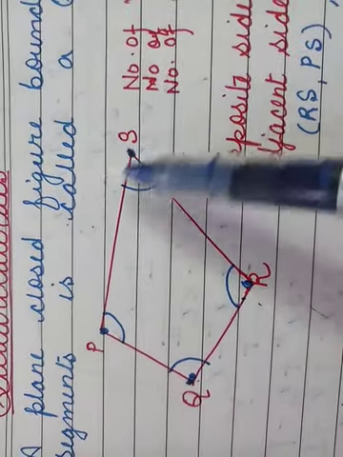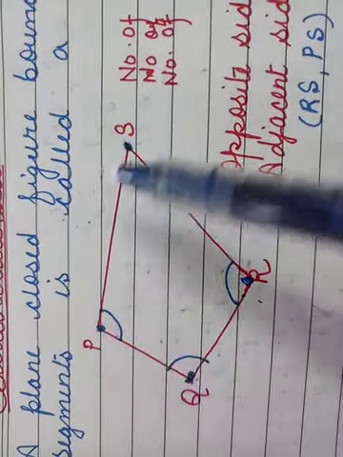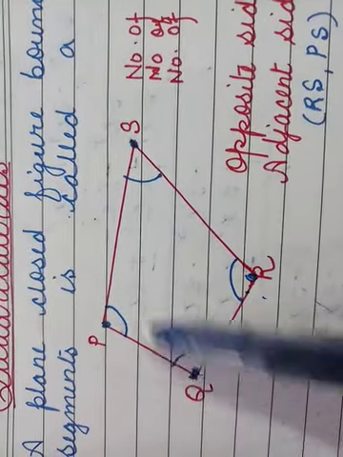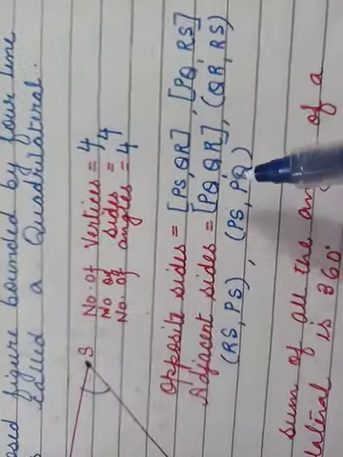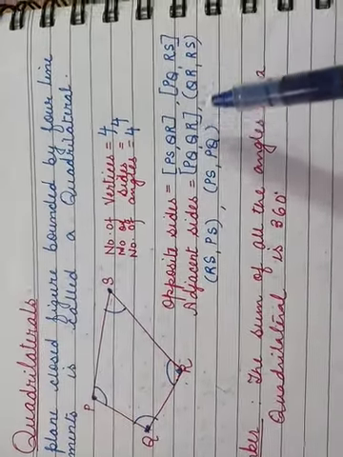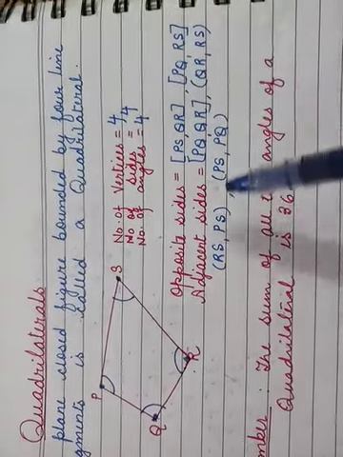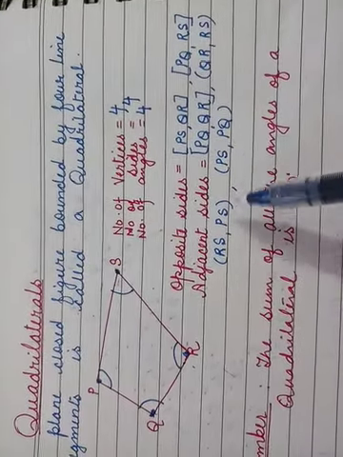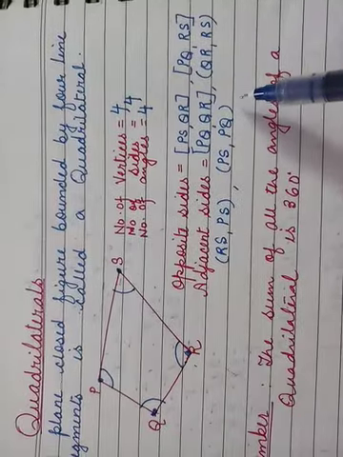Similarly, RS and PS are adjacent sides. PS and PQ are also adjacent sides. So if we ask you to write a pairs of adjacent sides, then it becomes PQ and QR, QR and RS, RS and PS, PS and PQ.